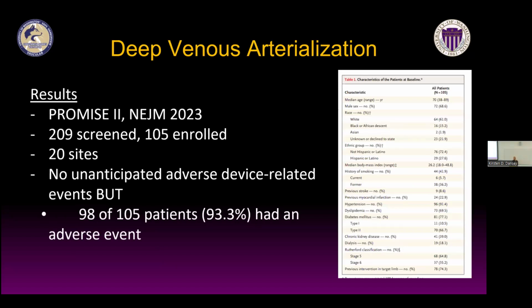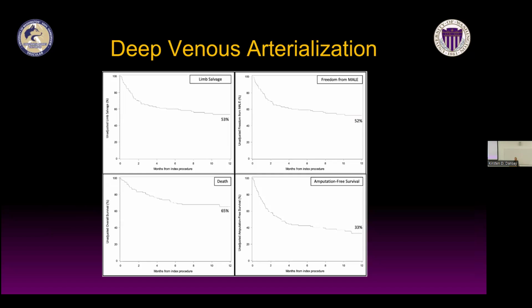There was 99% technical success, but 93% of the patients had some type of adverse event. And you can see that for these patients, they're otherwise looking at an amputation. So limb salvage at a year is about 53%. There was a survival of 65% at a year, and amputation-free survival is still pretty low at 33%.